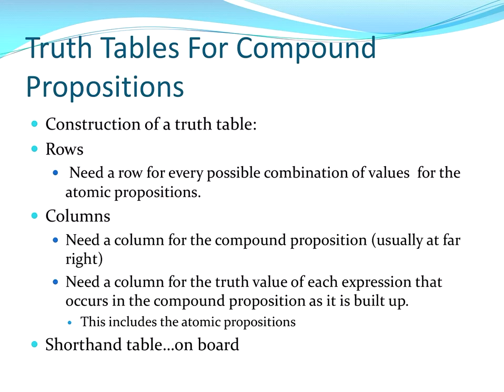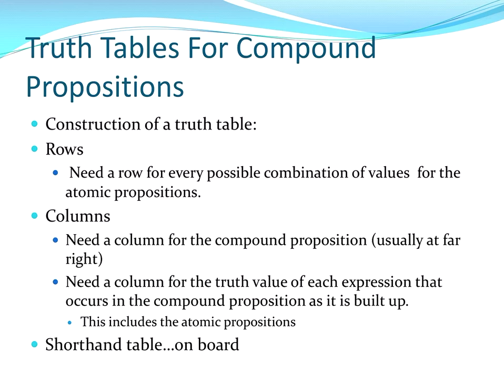But first, what we have to do is identify how many rows we need. When we're constructing a truth table, we're going to need a row for every possible combination of values. If there's one proposition in it, there's only two possible values, true and false. But if there's two propositions, each of those could take on two values, and so we'd need 4 rows. And if there's 3 propositions, we'll need 8 rows.